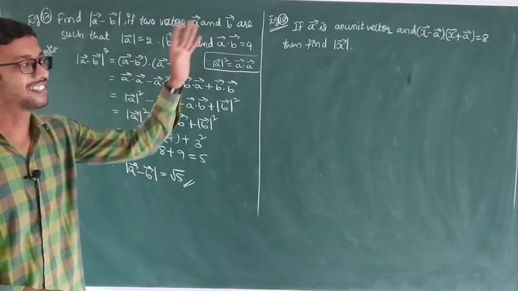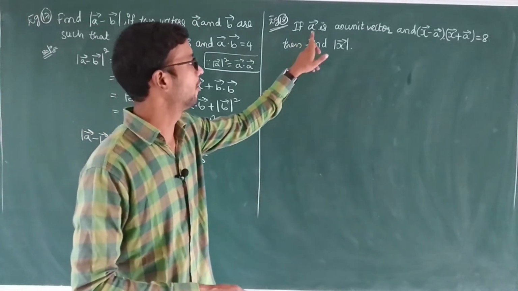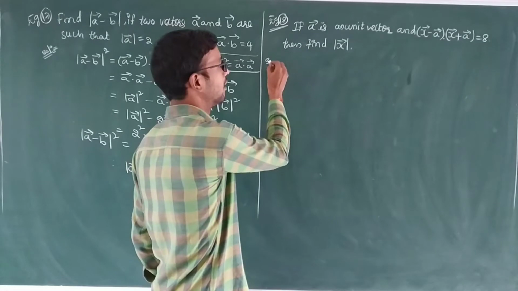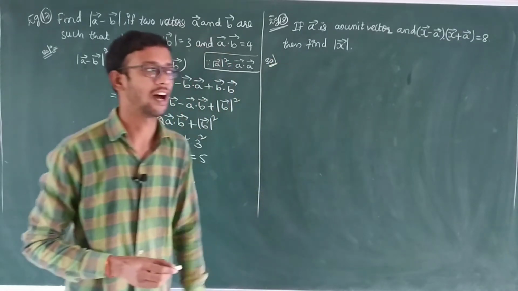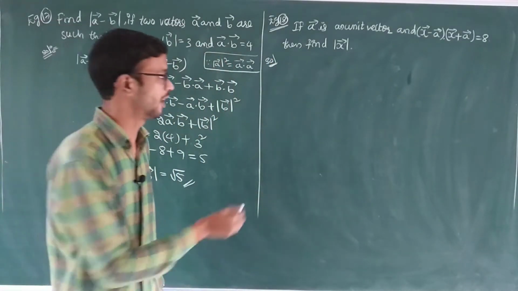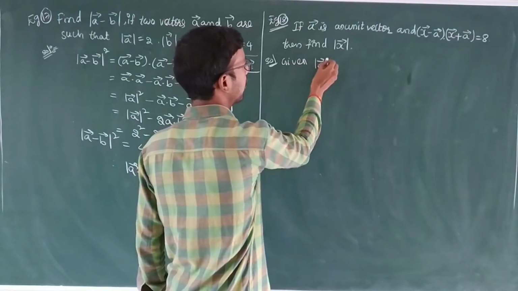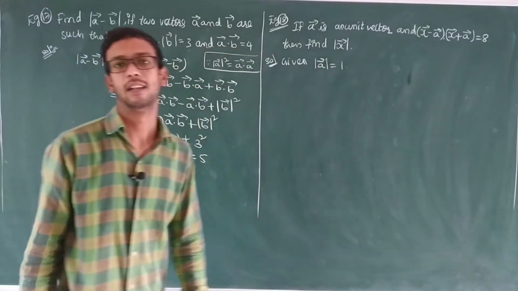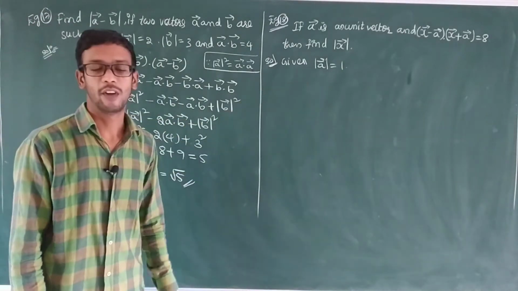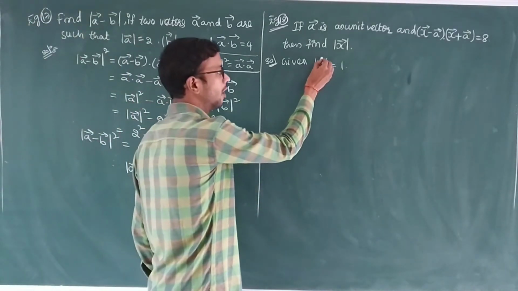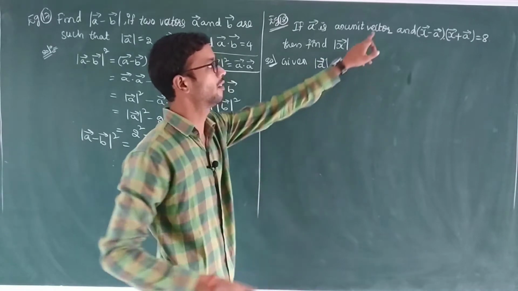Next, example 18. We will see: if A bar is a unit vector. A bar is a unit vector. I will write that first only. Why am I writing magnitude of A bar equal to 1? Magnitude of A bar is equal to 1, then only it is a unit vector.